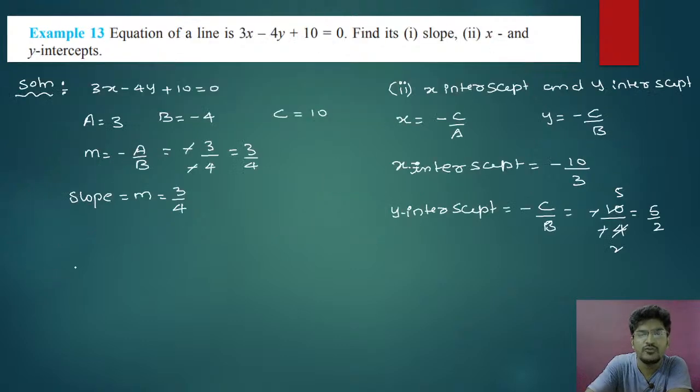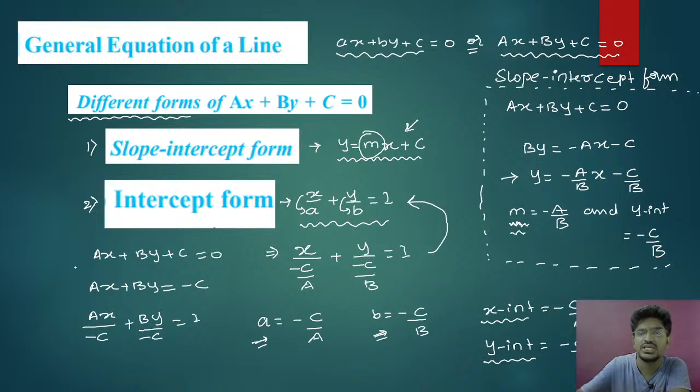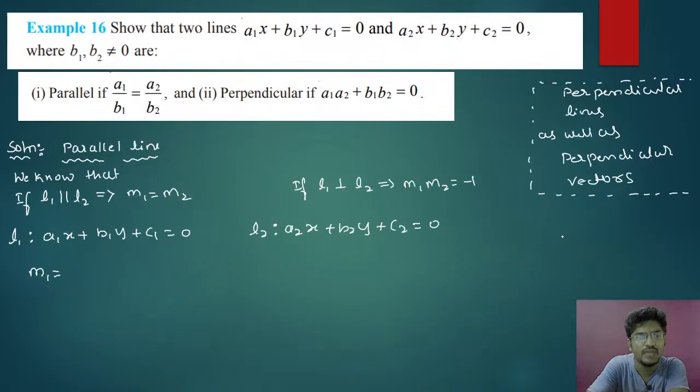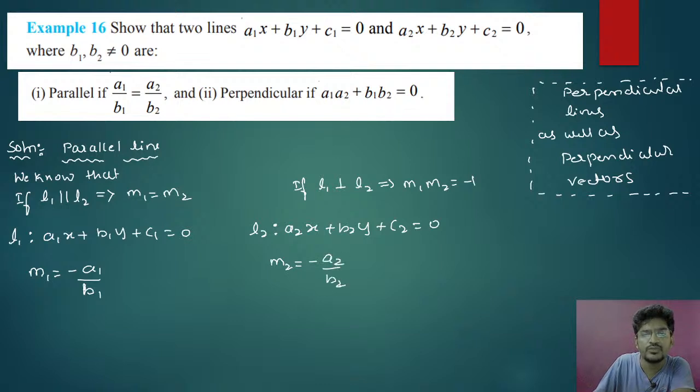Use the formula of slope, minus A by B. So that will be minus A1 divided by B1, because here A value is A1, B value is B1. So minus A1 by B1. What is the slope of line 2? That you can write as minus A2 by B2.